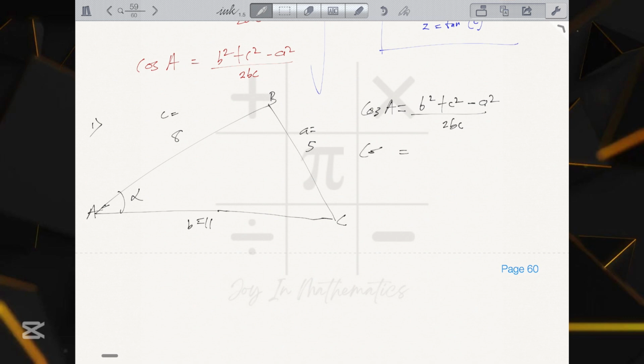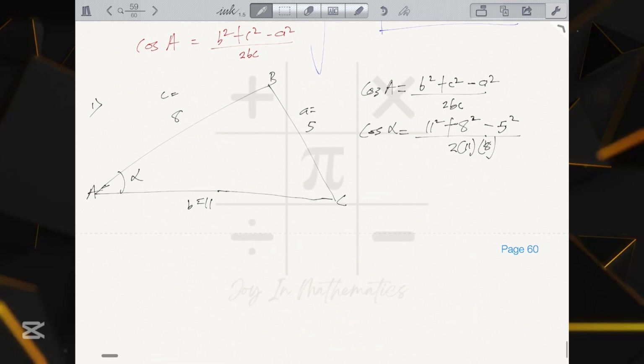So we have cos alpha, since A in this case is simply alpha, is equal to B, which is 11 squared, plus C, which is 8 squared, minus A, which is 5 squared, all divided by 2 times 11 times 8.